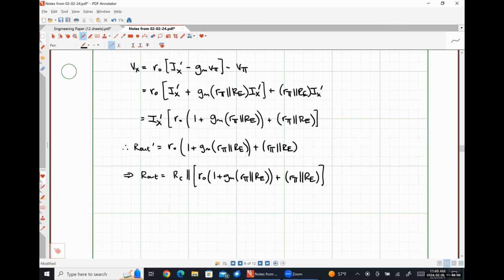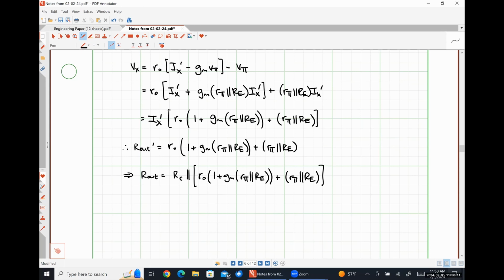Okay, so when we had a common emitter amplifier without emitter degeneration, our output resistance was just r naught in parallel with RC, right? We still have something in parallel with RC, but now it's this big guy right here.